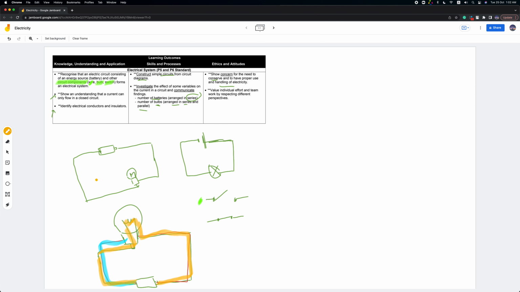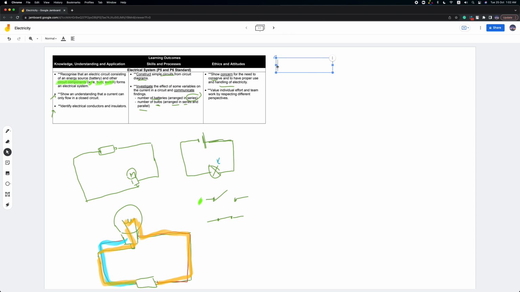Let's say the component in a circuit here is a bulb. If the bulb lights up for whatever reason, we say it forms a closed circuit and electricity can flow. That's the key phrase there.